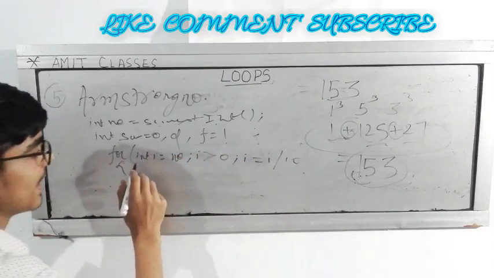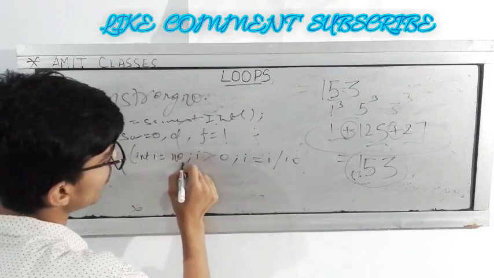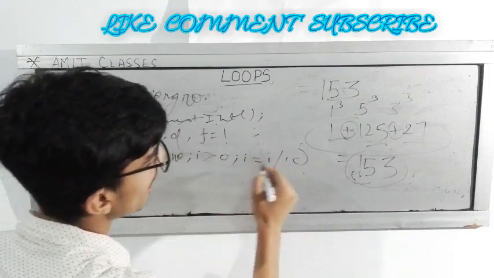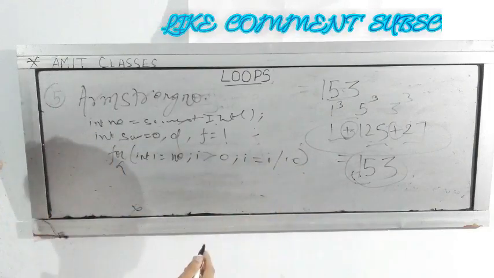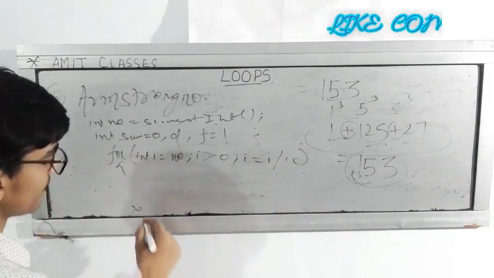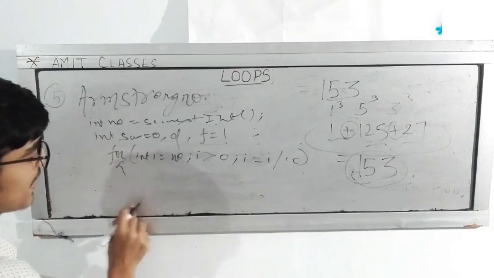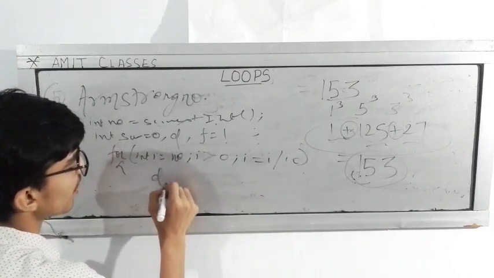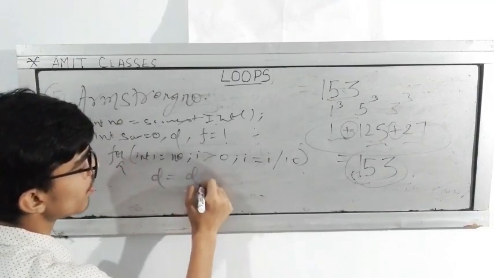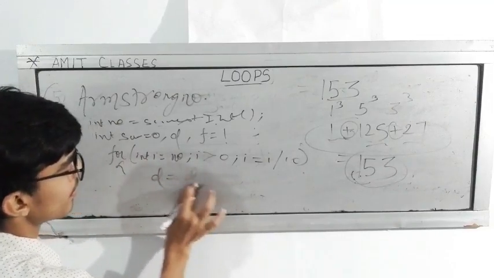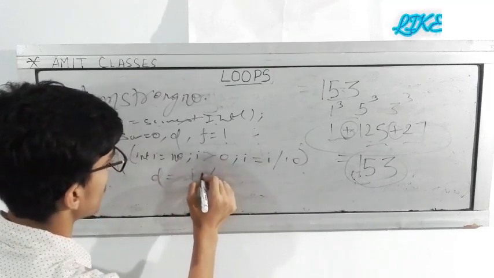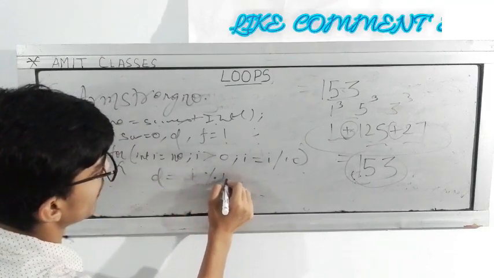Here we have taken int i is equal to number, i is more than 0 and i is equal to i by 10. It would be same, and after this we'll take here d, which we have taken before also. d is equal to i mod 10.